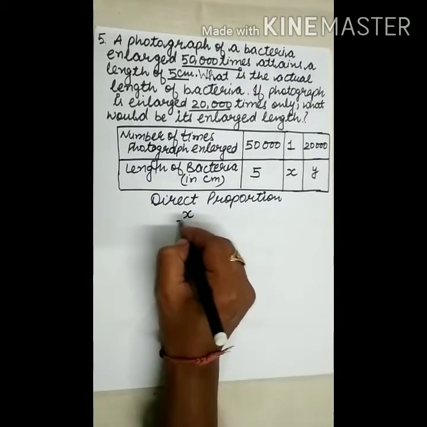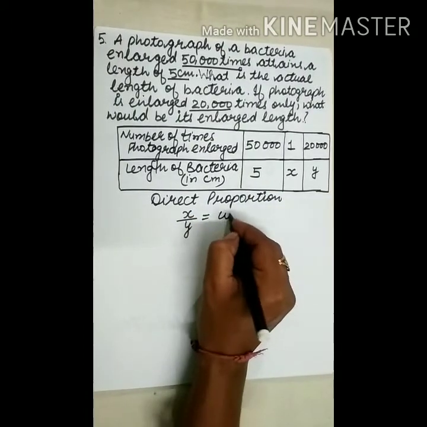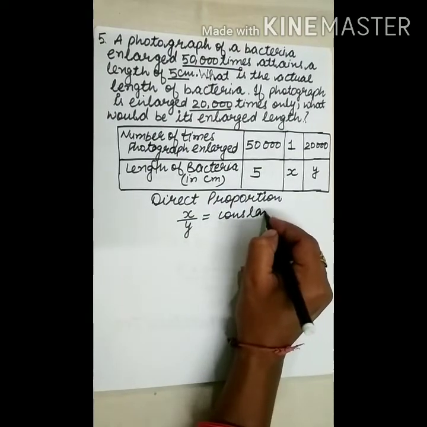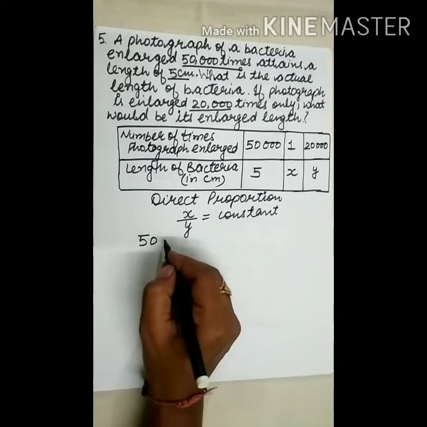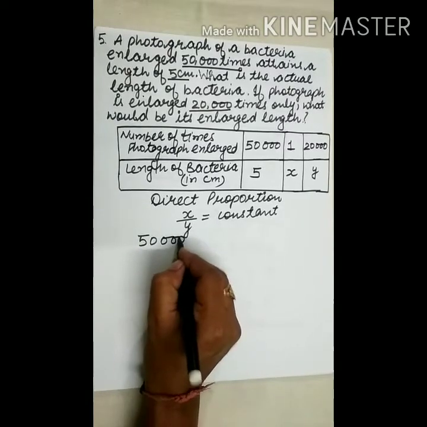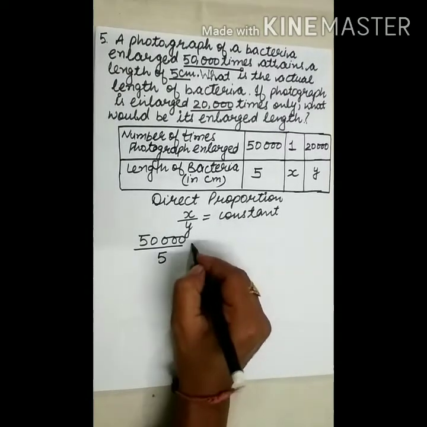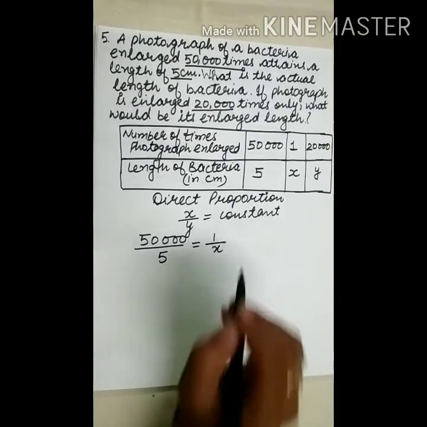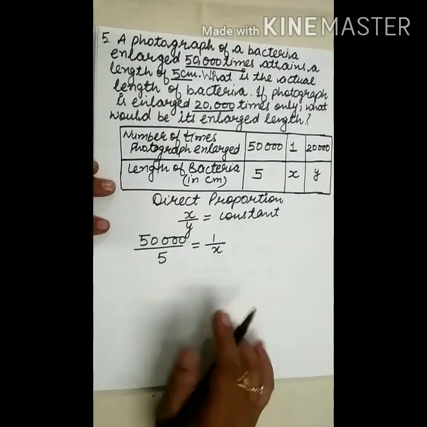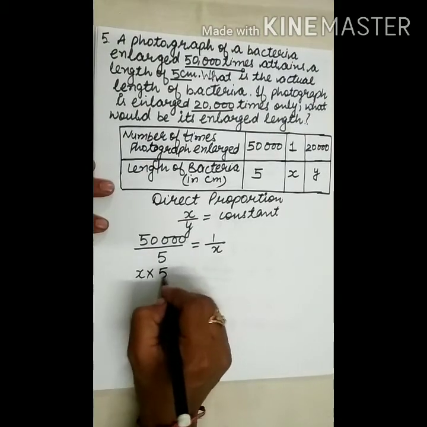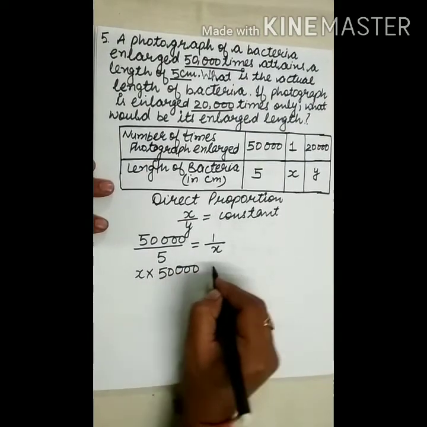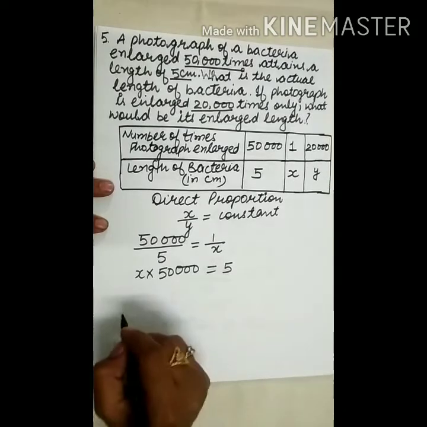So x upon y is equal to constant, that is 50,000 upon 5 is equal to 1 by x. Now do the cross multiplication. X multiplied by 50,000 is equal to 5 ones the 5.